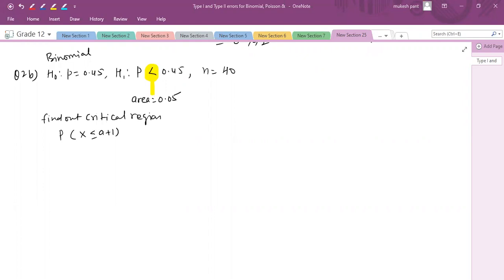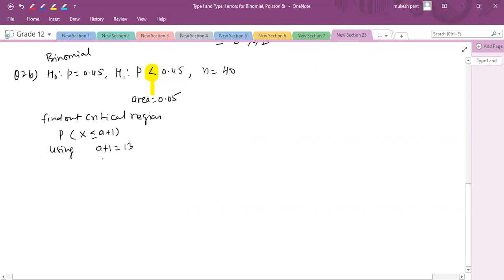For how to use the GDC and what values to write, please look at question 2a. All those steps you need to write here. Using the GDC, I get a plus 1 equals 13, which means a equals 12.